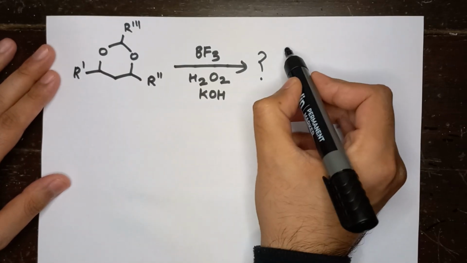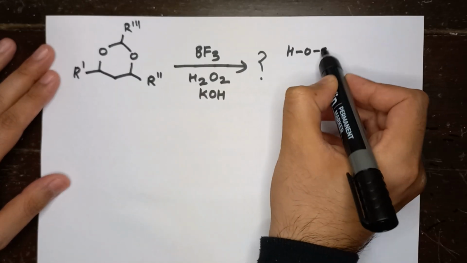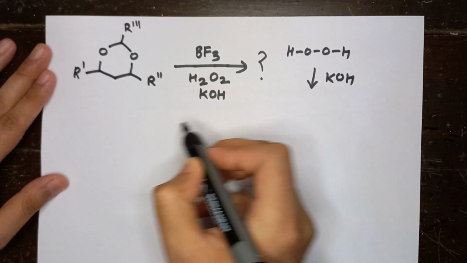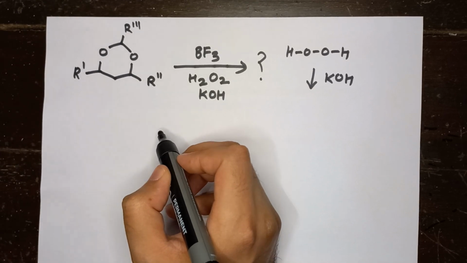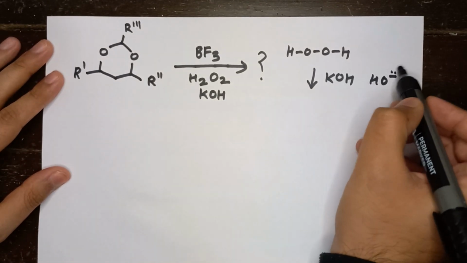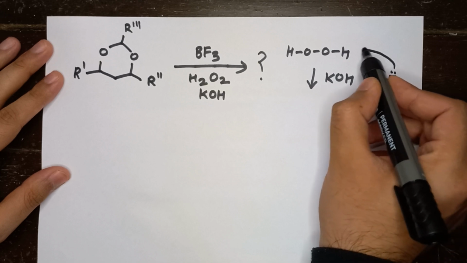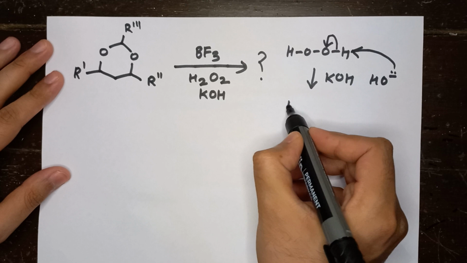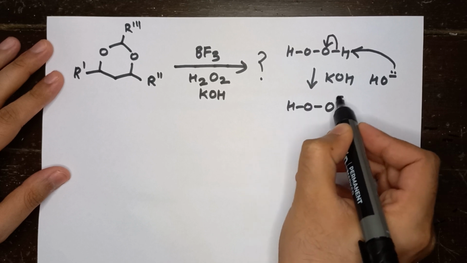Now we know when we have hydrogen peroxide under basic condition, the HO minus ion coming from the hydroxide will take this proton and will generate the peroxide anion. So this will give me HOO minus.